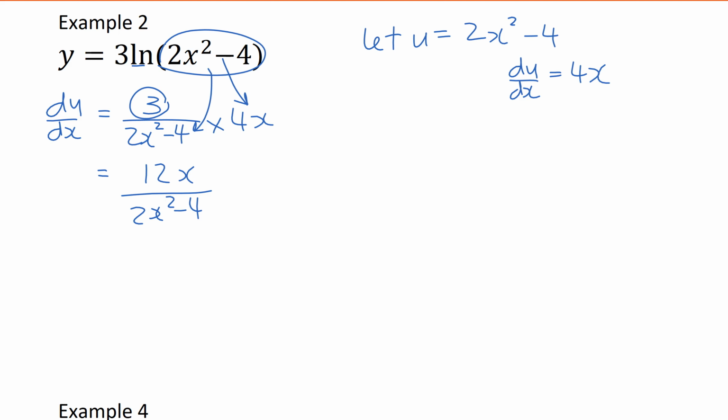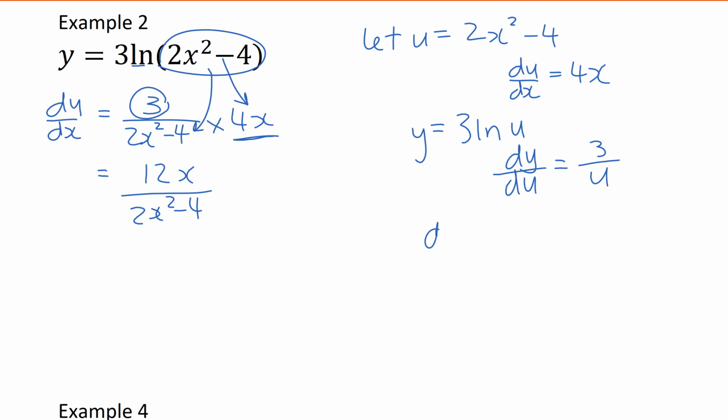The derivative of the bracket is what we're going to multiply it by eventually. Remember, u is the bracket, isn't it? So y therefore is 3 log u, and when you differentiate y with respect to u, you are going to get 3 over u. Happy with that?